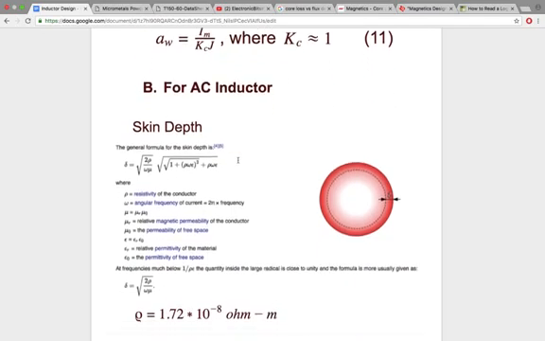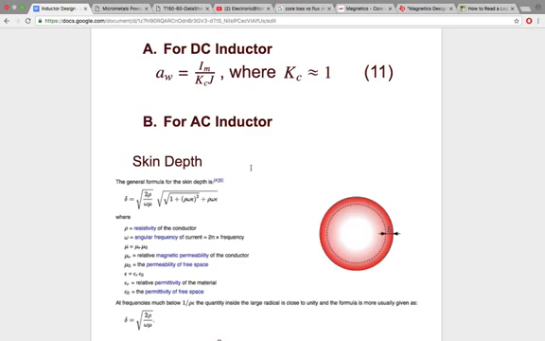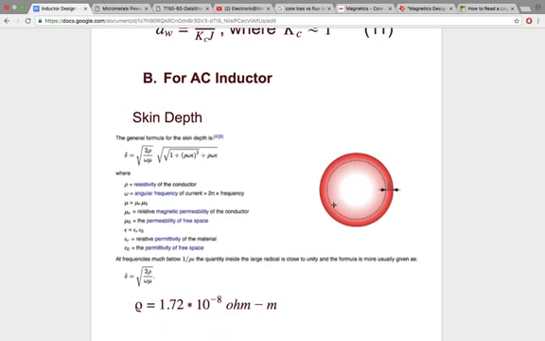For the AC inductor, it's not as simple as this. If the cross sectional area of the wire is not correctly selected, then a problem like this may occur. Let's say this is a cross sectional view of the wire, where the red shows the intensity of current flowing in the wire. We can see that the current flow is not uniformly distributed in the AC case.